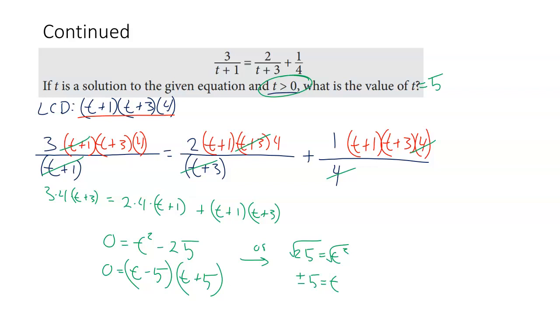Now, I didn't include it on here, but I want to talk about it. With our radicals, we had to plug our answer back in because we got extraneous solutions. From time to time, we may get extraneous solutions on rational equations as well. So the way that we check those is actually a little bit simpler. I have values that t is not allowed to be.